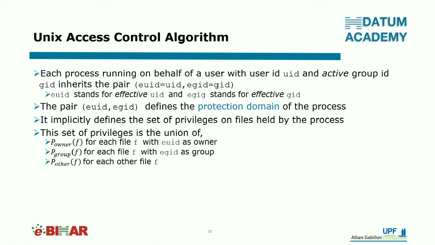The set comprising the group privileges of each file F having a group ID equal to the effective group ID of the process. And the set comprising the other privileges of each other file F.